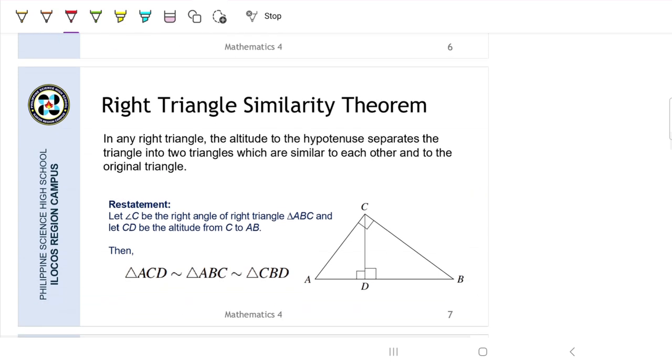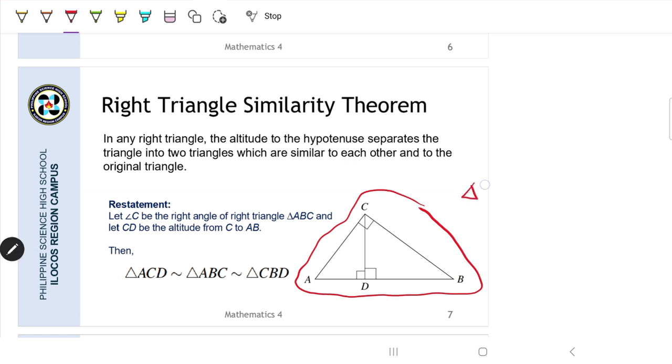Now let's look at the right triangle similarity theorem. We are going to restate it, and here we have a figure to support this theorem. Let angle C be a right angle of the biggest triangle, which is triangle ABC.